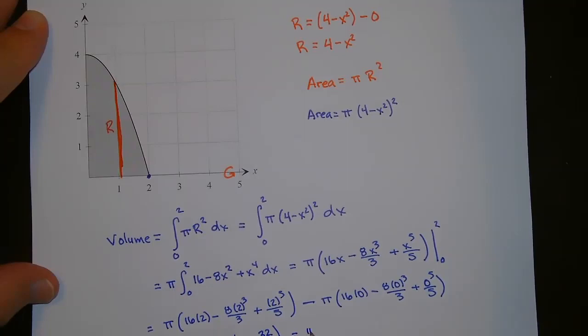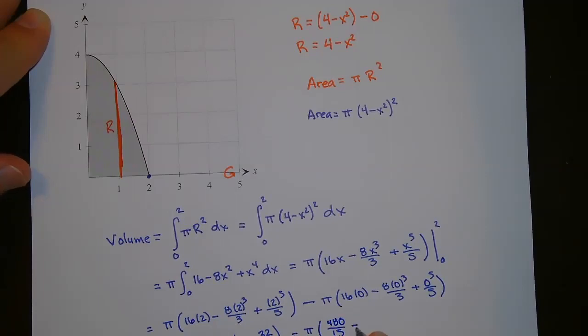So pi times, and then 32 times 15, I'm putting in my calculator, so 480 over 15 minus, and then with this one, we'd have to multiply by 5 over 5.